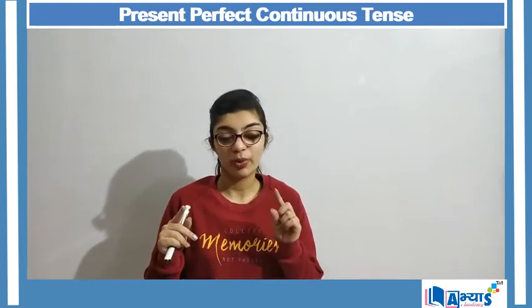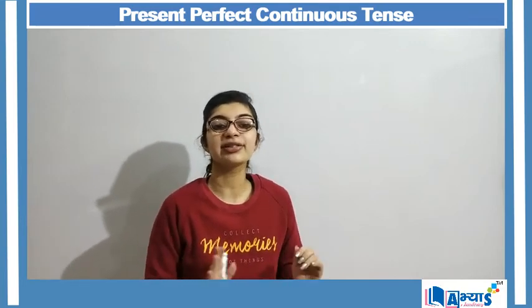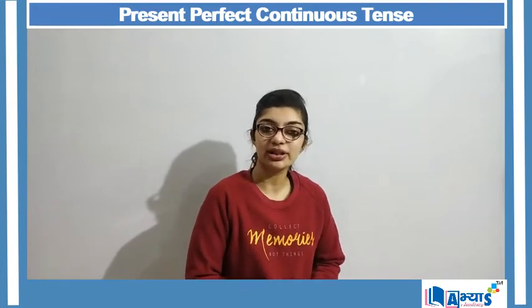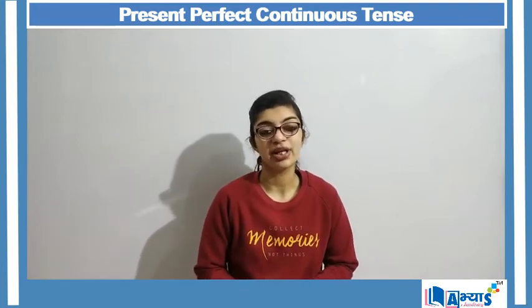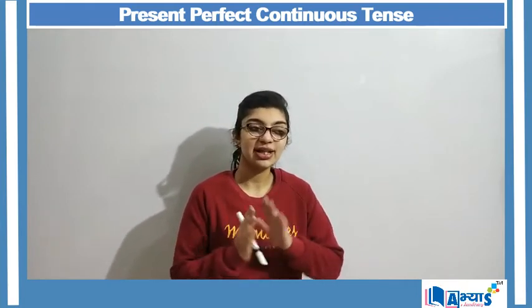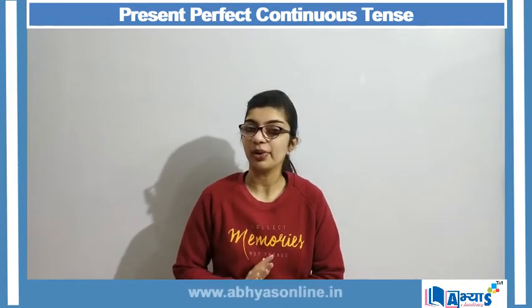But with present continuous, we are going to study present perfect continuous, right? And present perfect continuous tense refers to some action or some event which took place sometime in the past and is still continuing to happen.